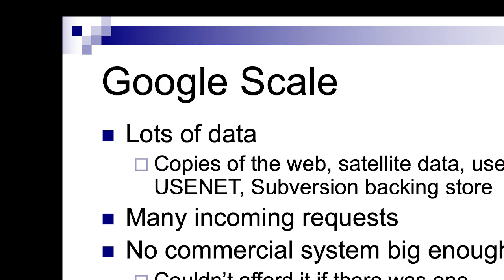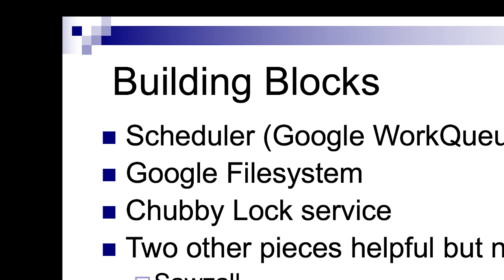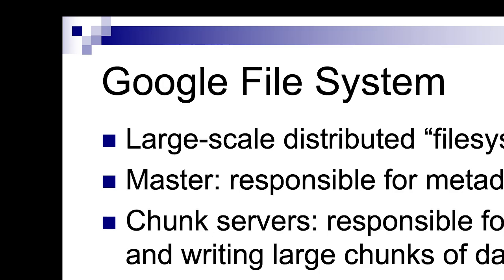So the building blocks of Google Bigtable were the Google File System and the Chubby lock service. Let's talk about the Google File System first. Google File System is a large scale distributed file system, and the master is responsible for all the metadata. The chunk servers are solely responsible for reading and writing large chunks of data.